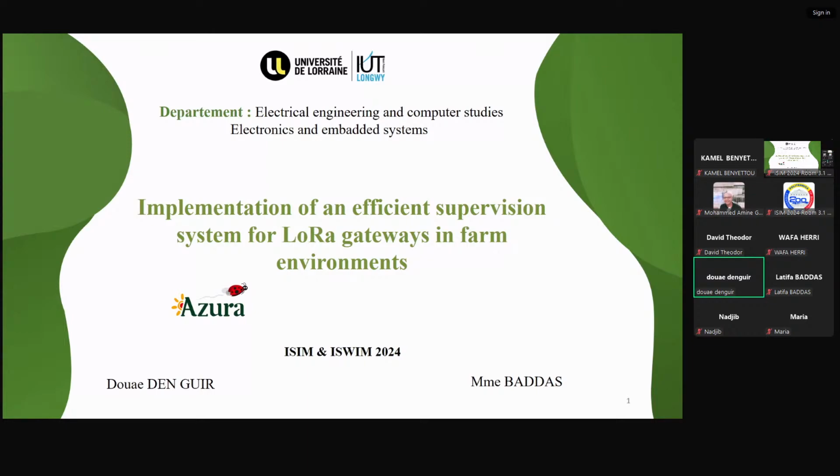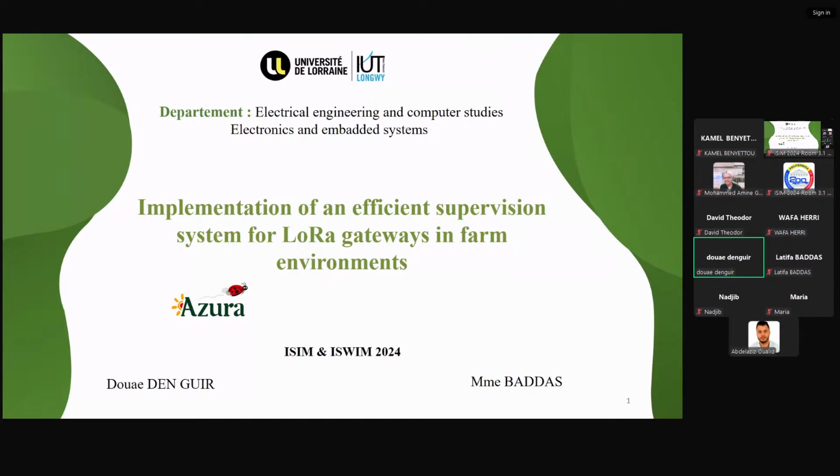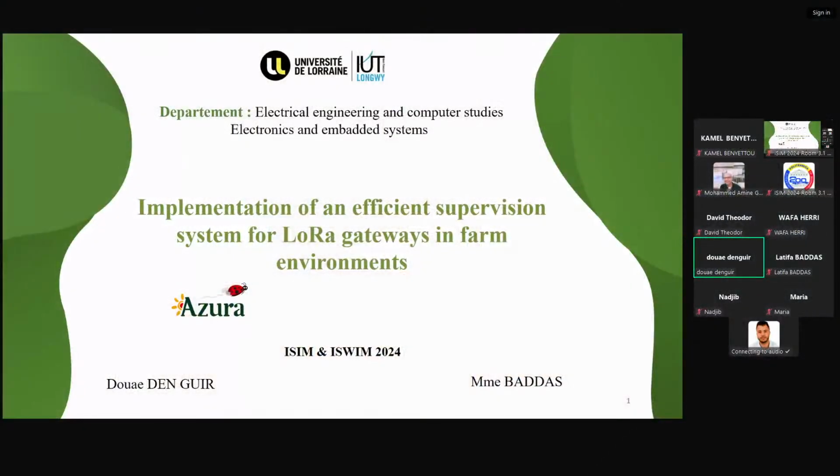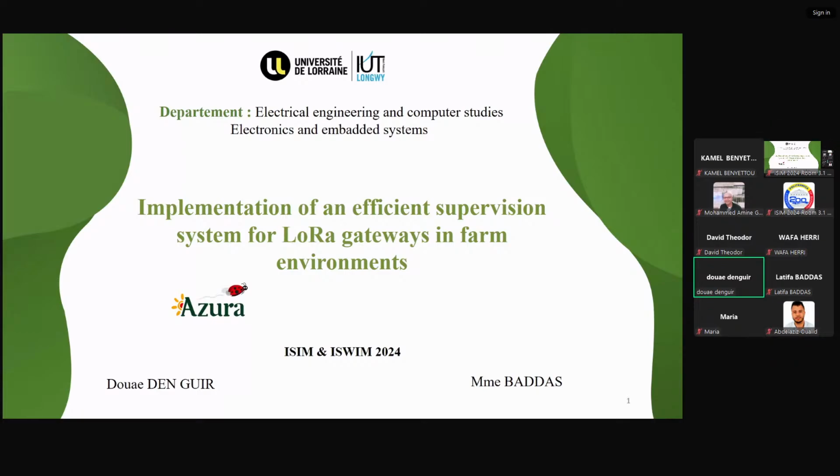I'm here today to present the project I worked on during my internship, which is about the implementation of an efficient supervision system for LoRa gateways in farm environments in the company Azura Group.